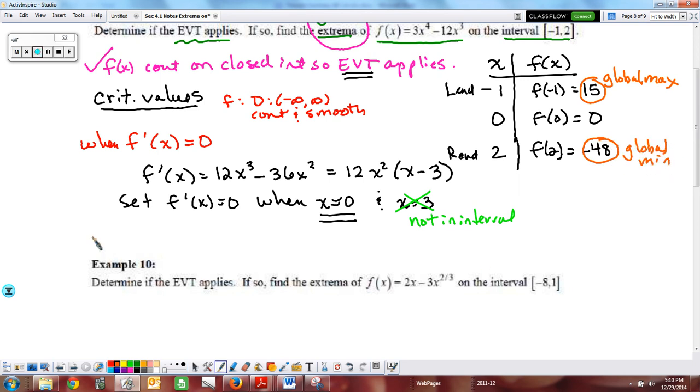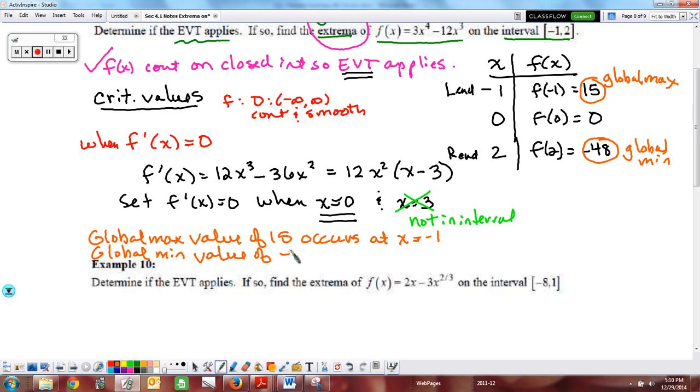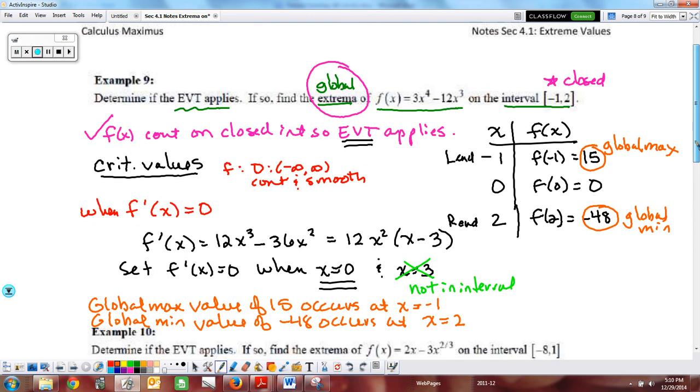So we would answer the question and say the global max value of 15 occurs at x equal to -1, and your global min value of -48 occurs at x equal to 2. And x equal to 0, while a critical point, just gets the participation by getting included in the list, but it's not a global extrema.